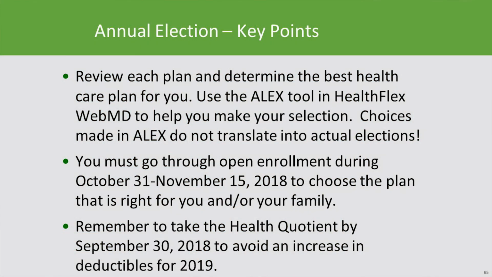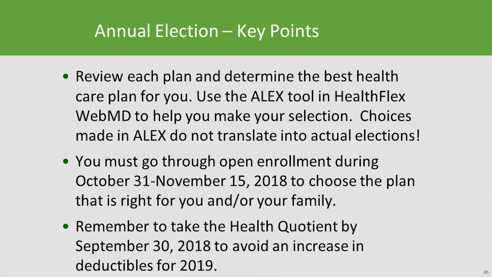The key points to come away with today. Please review each plan. We would like you to determine the plan that is best for you, because at the end of the day, we as a board care about your health because we want to care for you. Use the Alex tool to help you make those selections, but remember, choices in Alex do not translate into an actual election.